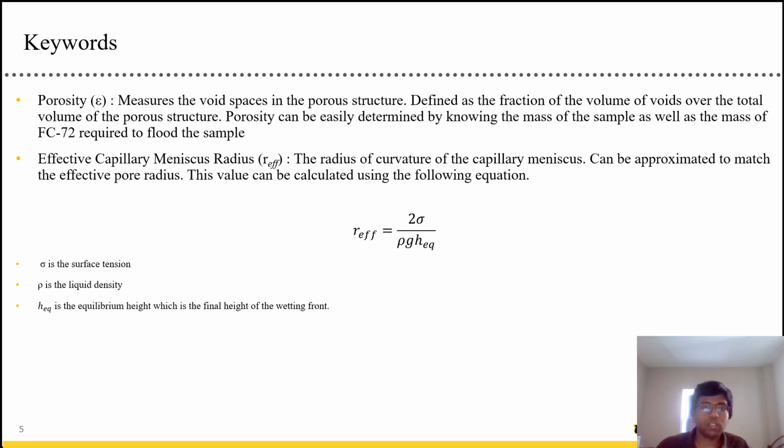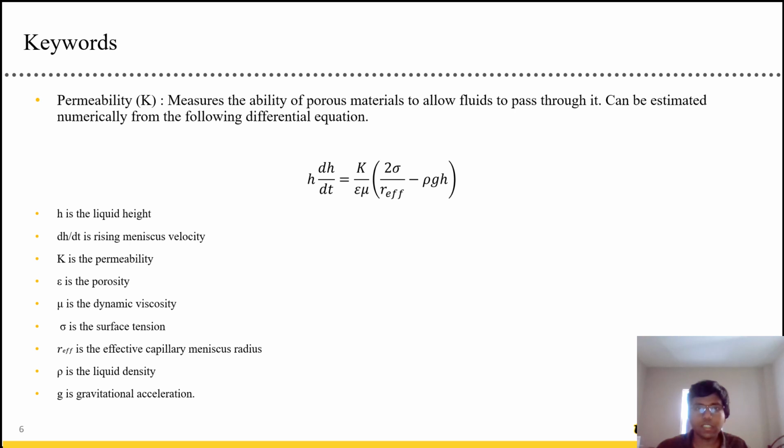It can be approximated to find the effective pore radius and is represented by the below equation. Sigma here is the surface tension, rho is the density, H_eq is the equilibrium height, and g is the acceleration due to gravity.